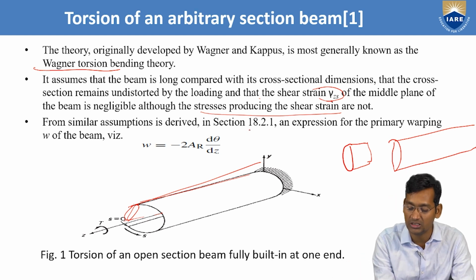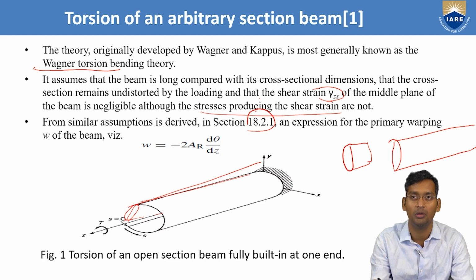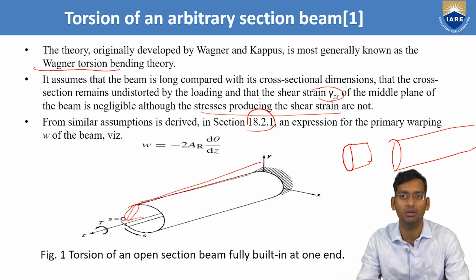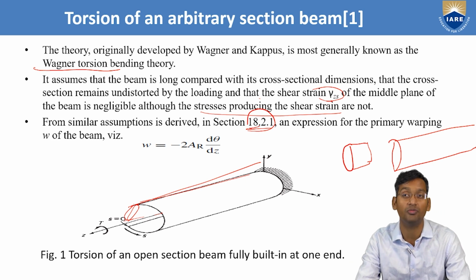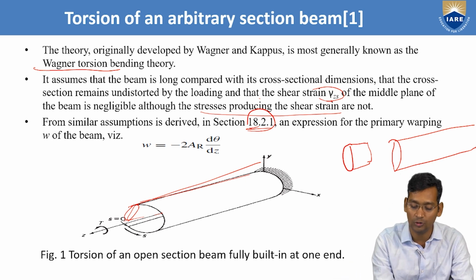I mention this because I use some concepts here, but we cannot cover everything in the same video. You can refer to section 18.2 from the Megson book, where you will get the derivation.